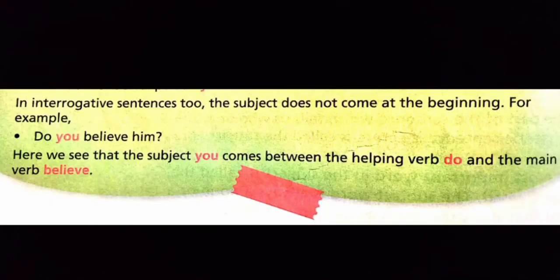And next, in interrogative sentences too, the subject does not come at the beginning. For example, do you believe him? Here we see that the subject you comes between the helping verb do and the main verb believe.